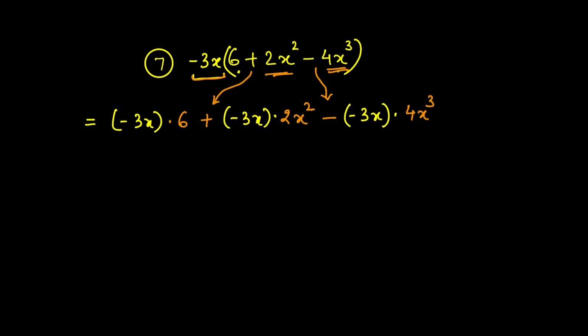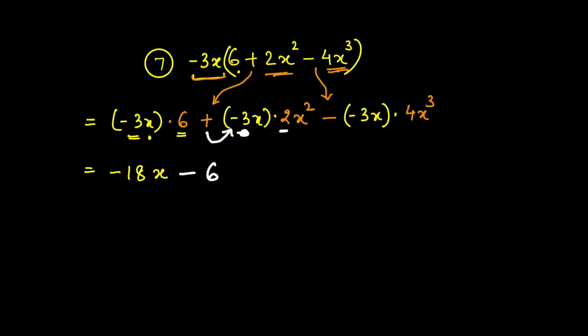Now we come to the next step, so we write here number gets multiplied to number, so minus 3 times 6 is minus 18, and there is only one variable, so we write that as it is, so that is x. Then we go to the next term, so it is minus 3 times 2. So first we can multiply this, so plus times minus, we write minus, and then we can just take the number 3 times 2, so it is 6.